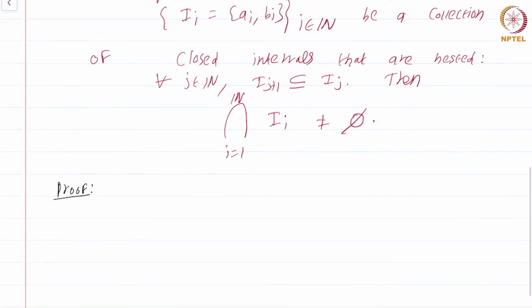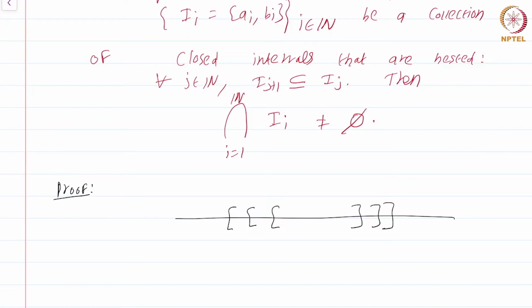Before I write down the proof, let me just sort of illustrate what this is saying. This is saying that if I have closed intervals that get smaller and smaller, then it cannot happen that the intersection of all these closed intervals is empty.